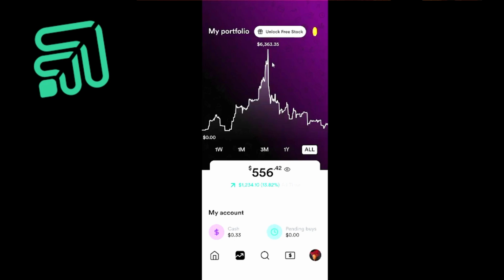This was during the Trump election, November, yeah. And the stocks went up because Trump was pro crypto and pro technology and pro everything. So that's when he won, the stock market went up.